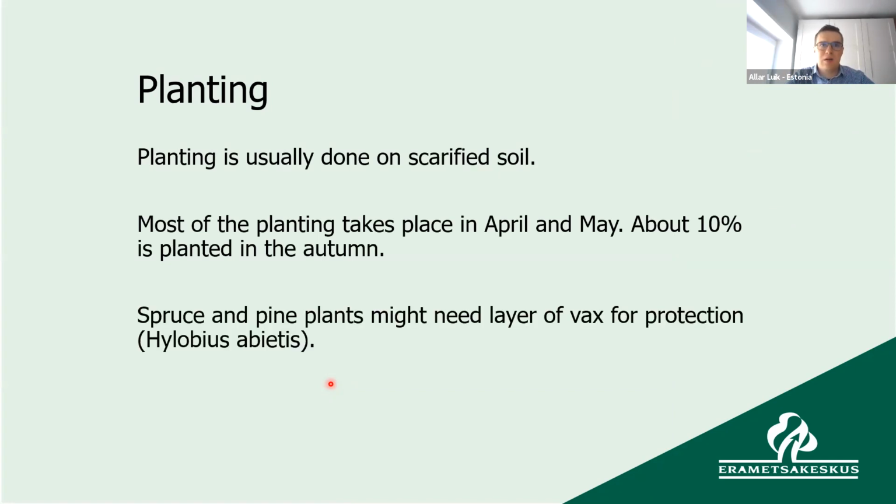For example, the pine weevil can damage young spruce and pine plants, so sometimes the plants are waxed, or the owners buy waxed plants to get protection from this beetle. There is also the risk of drought that has affected some planted forests in recent years.